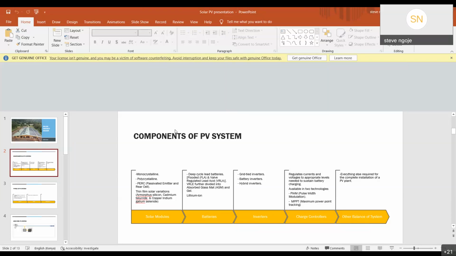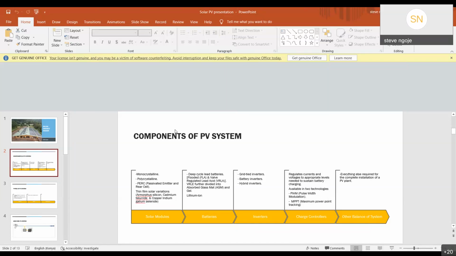And the key areas that would make up any PV system, regardless of whether it's off-grid, grid-tied, or hybrid, the common things that must be there, of course, are the solar modules. Under the solar modules section, I listed some types of solar modules that we have in the market, based on which type of materials are used to make them.